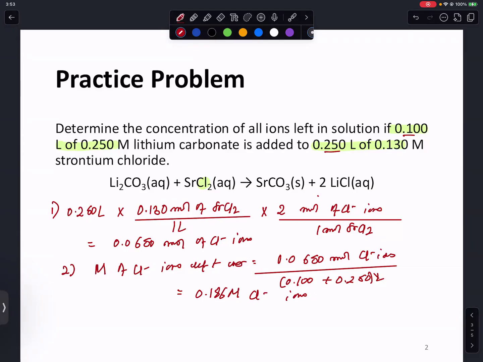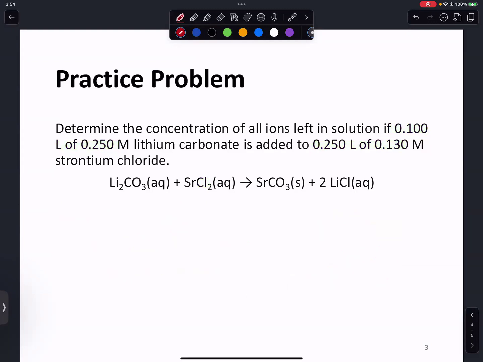So we need to ask ourselves, what should we do to determine the limiting and the excess? I chose to calculate the moles of strontium carbonate produced from lithium carbonate and strontium chloride, and whatever is left over, the excess, we can base our calculations on.